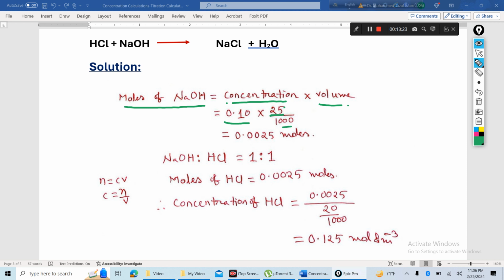25 cm³ has been converted to dm³. You know, 1 dm³ equals 1000 cm³.